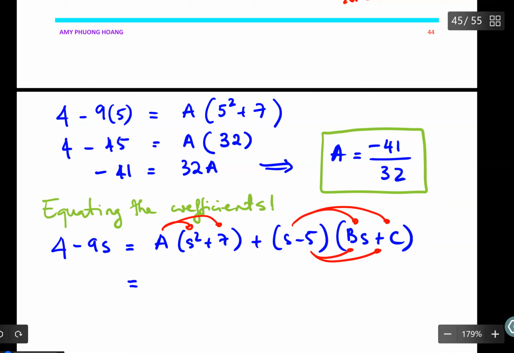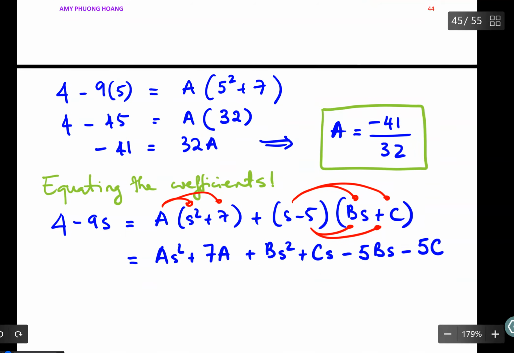Then I should have As squared plus 7A plus Bs squared plus Cs minus 5 times Bs minus 5 times C.